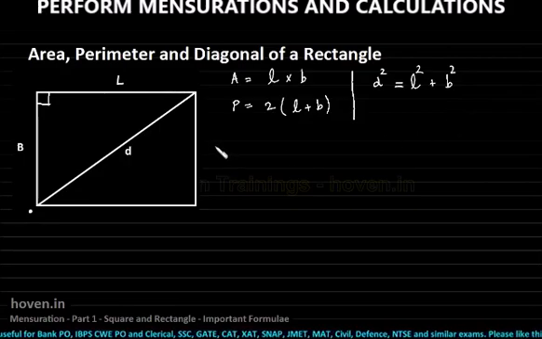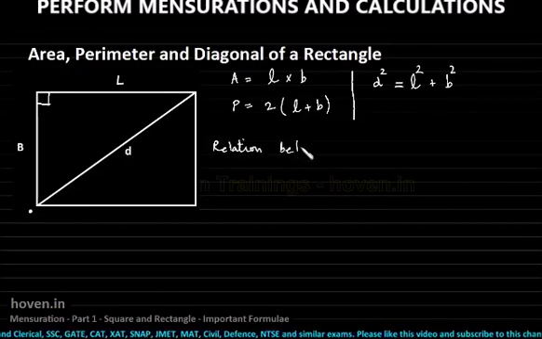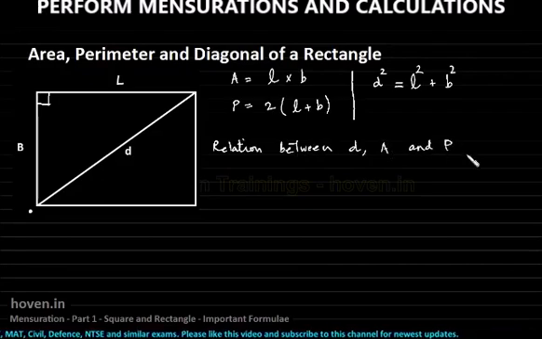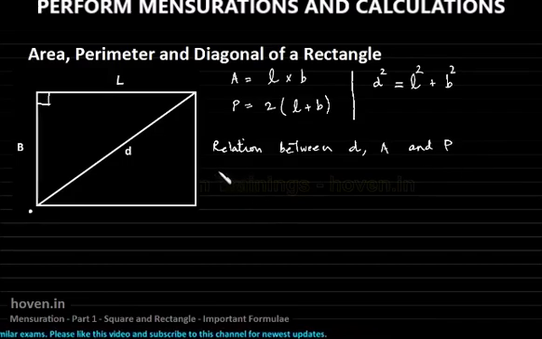We can establish a relation between the diagonal D, the area A, and the perimeter P of a rectangle. The relation can be established like this.